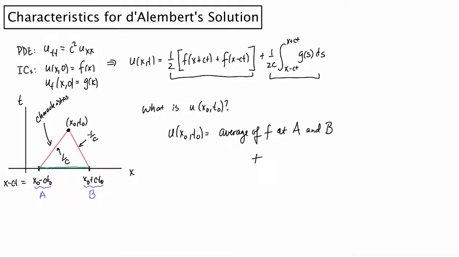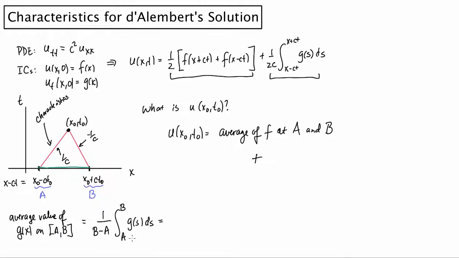If I was to tell you what is the average value of the function g on the interval from a to b, so we're going back to calculus 2 now, the average value integral is an integral of the form 1 over b minus a, integral from a to b, in this case g of s ds.